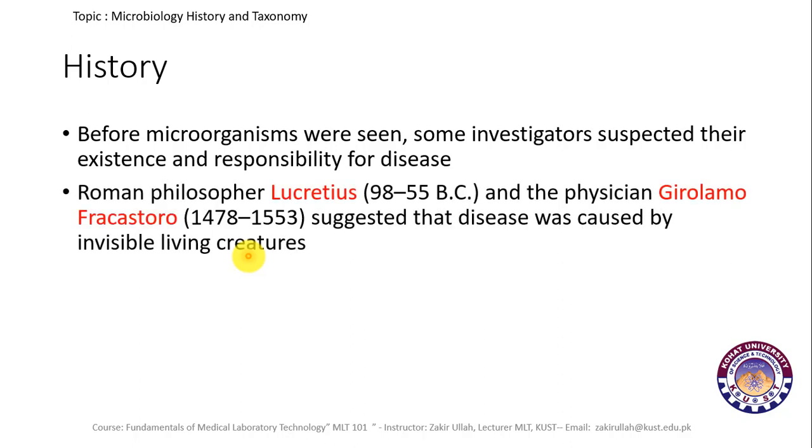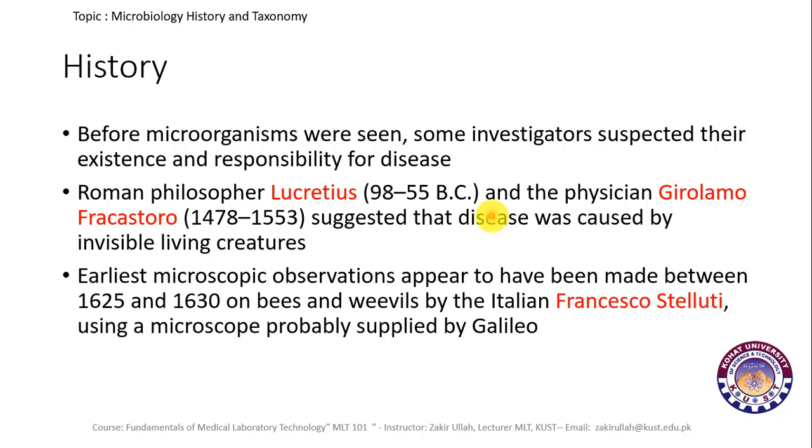A Roman philosopher, Lucretius, from 98 to 55 BC, and a physician, Girolamo Fracastoro, from 1478 to 1553, suggested that diseases were caused by specific types of living but invisible creatures. So these invisible creatures have a role in the development of a disease.